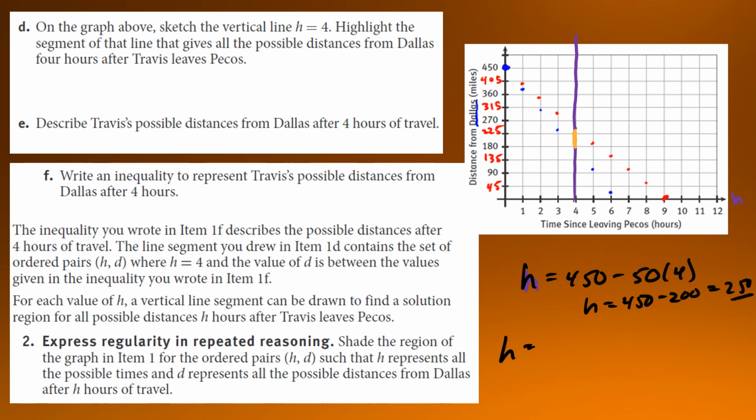And then if we use the other speed, 450 minus 70 times 4 would be 450 minus 280. So that's going to give us how far he'd be if he had been going 70 miles an hour, which means he'd be at like 170. So this right here is between 250 and 170.